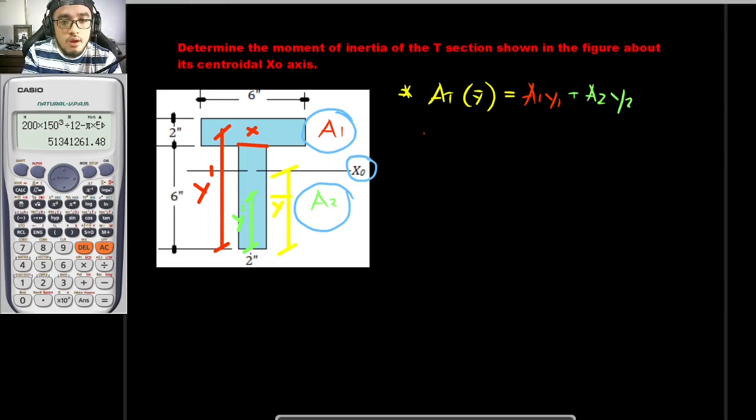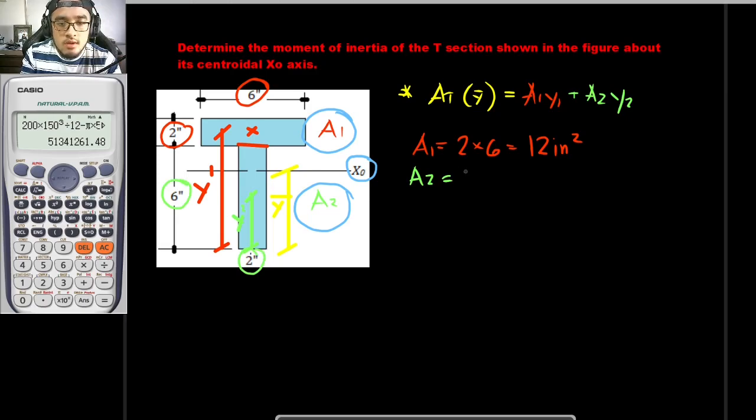For area 1, that is 6 times 2, which is 12 square inches. And for area 2, this is 2 times 6 as well, that is also 12 square inches.